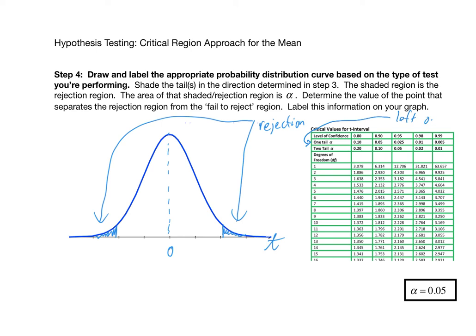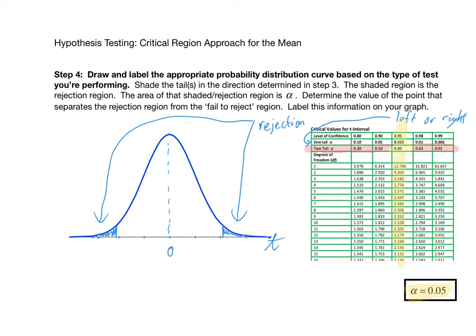It doesn't matter. But we're not doing a one-tailed test. We're doing a two-tailed test. So we specifically need to focus on this row here. We're doing a two-tailed test, and our alpha is precisely this one right here. We have alpha 0.05 in this problem. So we want to be working in this column right here.